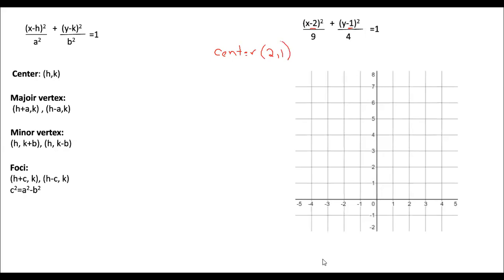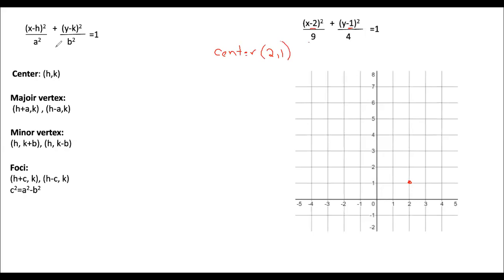That's just basically from our basic formula here, and we see what h and k are. So let's go ahead and plot that. Like I said, I do this graphically. I'm very graphical. I know not everybody is. So if you like formulas, they're there for you. But I'm going to walk through this the way I walk through it. So we have (2, 1).